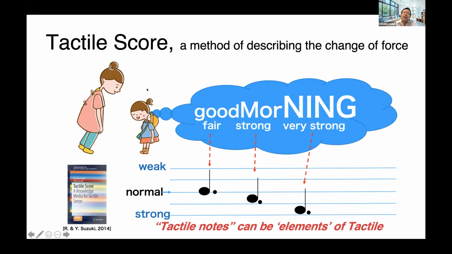In this case, the cheerful girl's good morning is very strong. The not cheerful good morning is different. So the meaning is the same, but the emotion, sensitivity, and tactile are changing. So we propose a tactile score to describe the tactile sense.